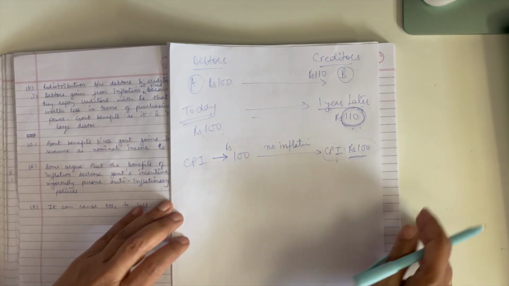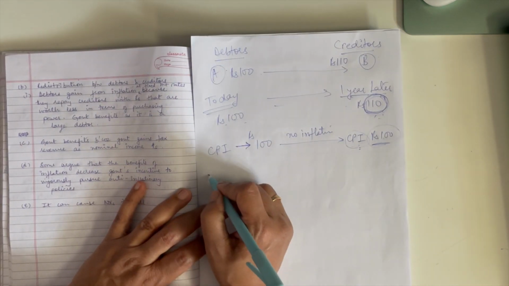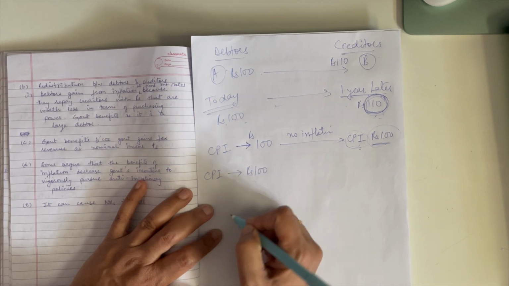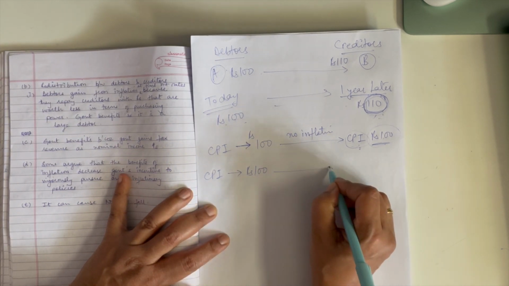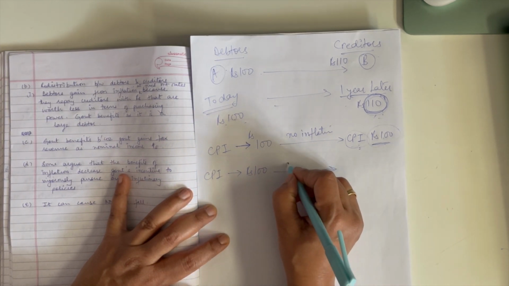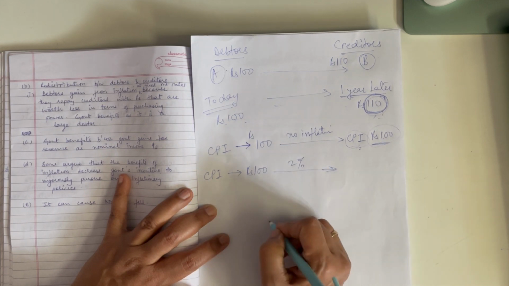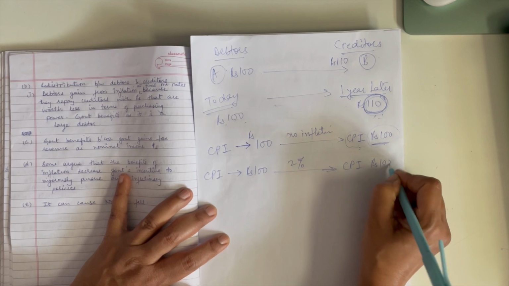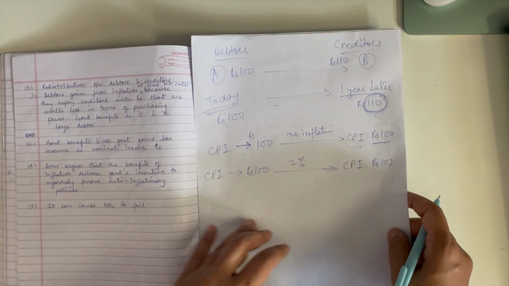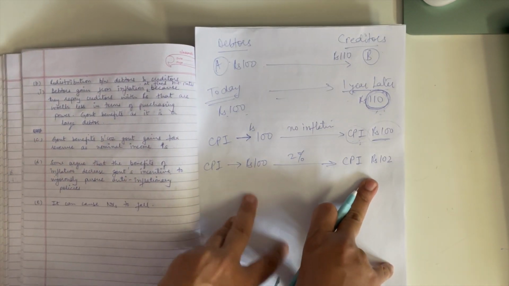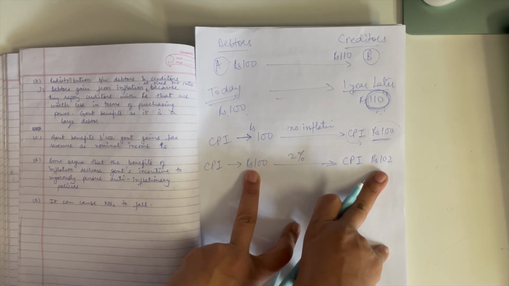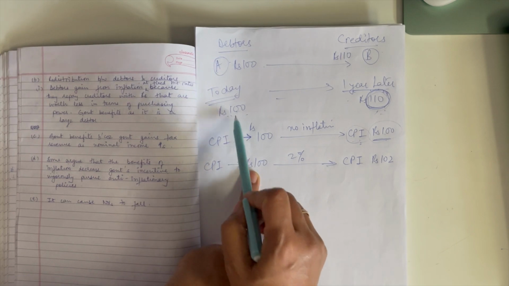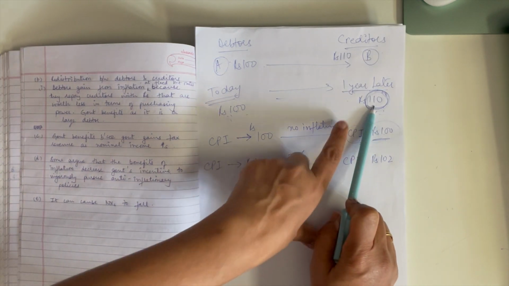Correct? Now let's say the same basket of goods and services is bought today at 100, but during 1 year there was an inflation of 2%. So now the same basket of goods and services would cost 102, correct? Now what happens when my debtor A is paying back creditor B?